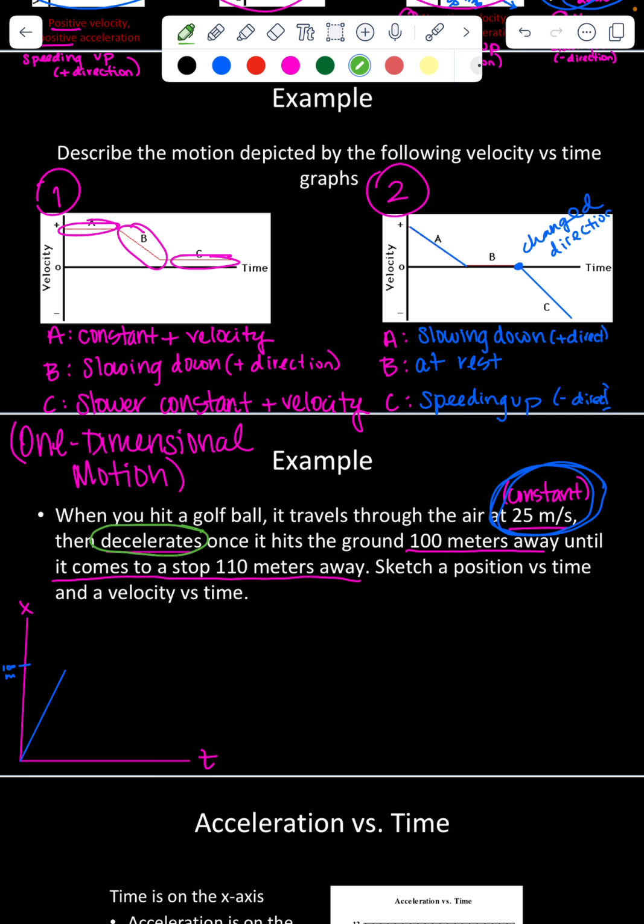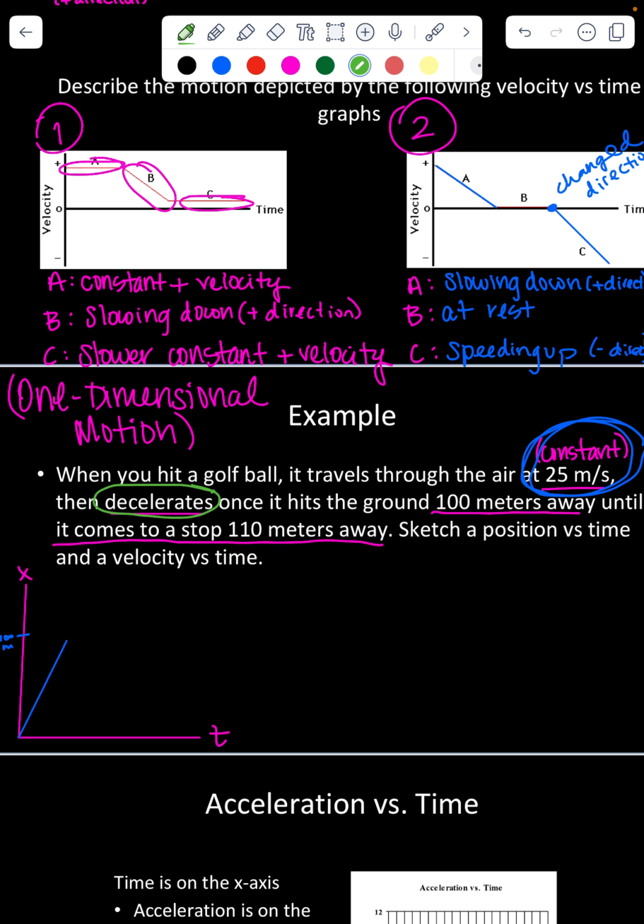All right, so for that curve, because it is slowing down, we know that it is going to go from more steep to less steep. More steep to less steep until it reaches that 110 meter mark, where it does say that it is going to stop.